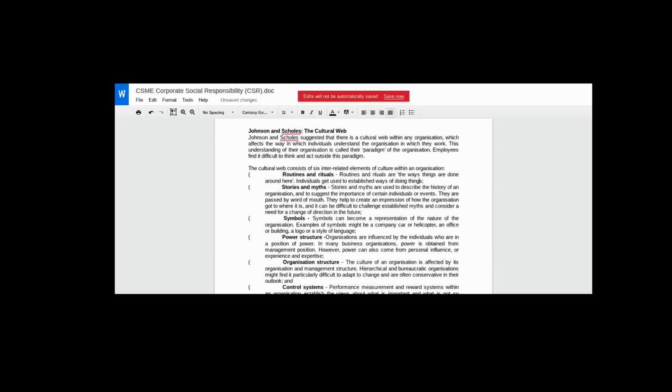Two, stories and myths. Stories and myths is another thing that we can use to describe the history of the organization, and to suggest the importance of certain individuals or events. What that means is that with the stories and myths, we can tell the newly recruited staff that this company was established at some time.